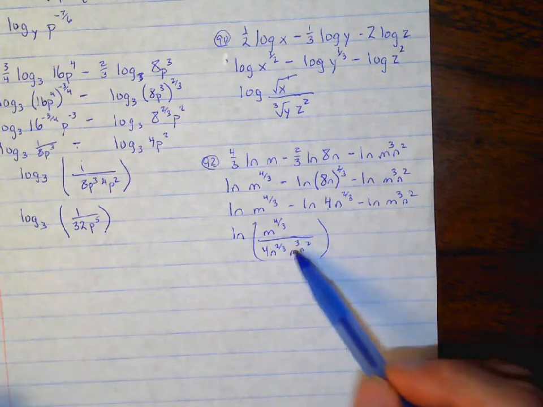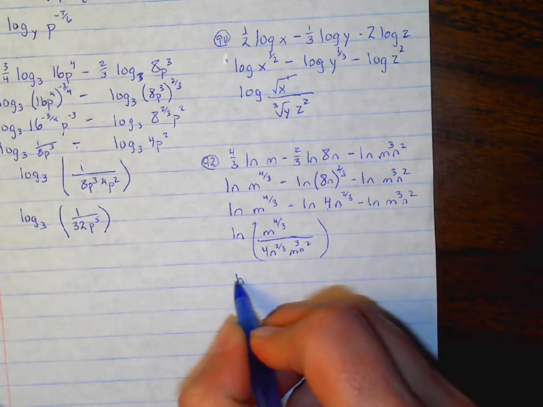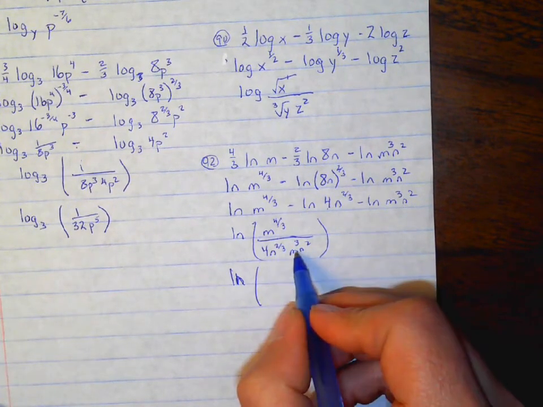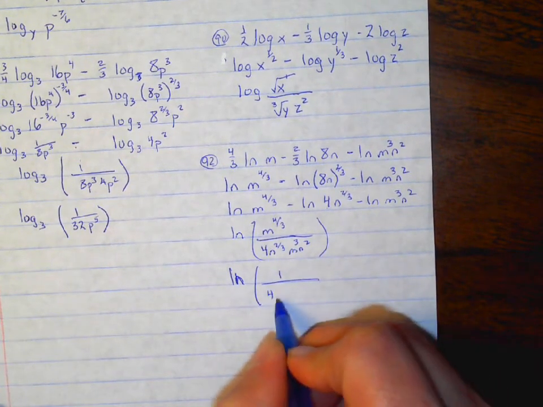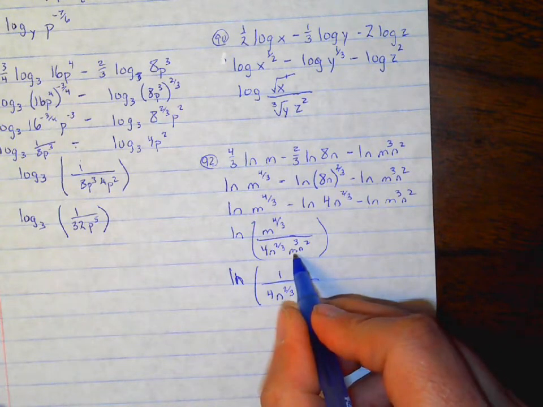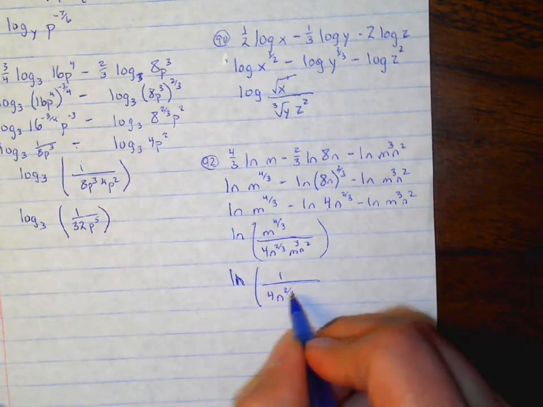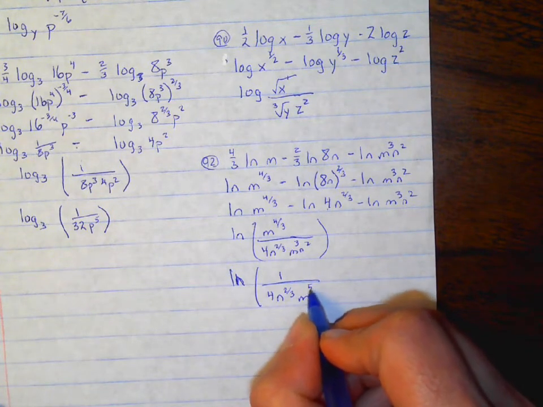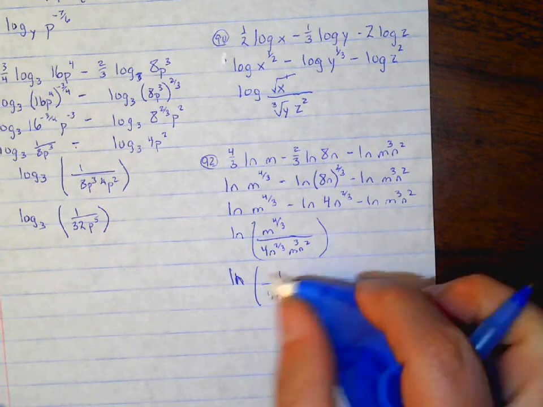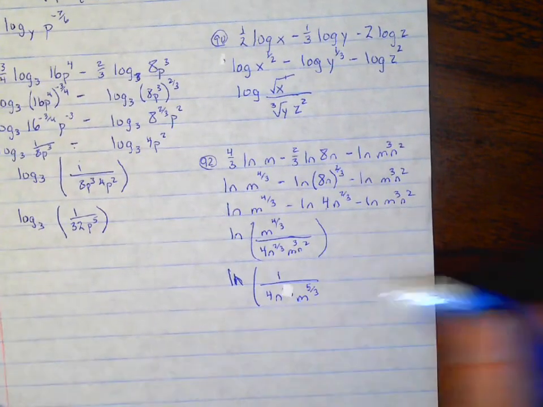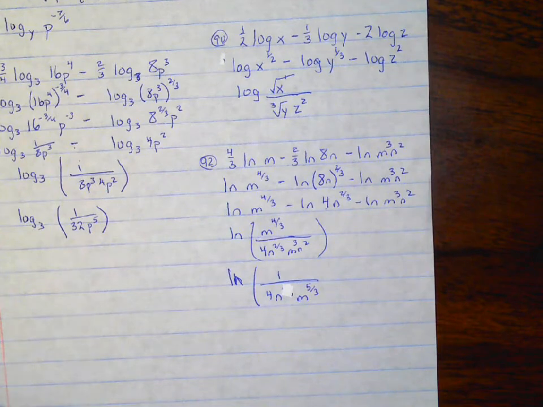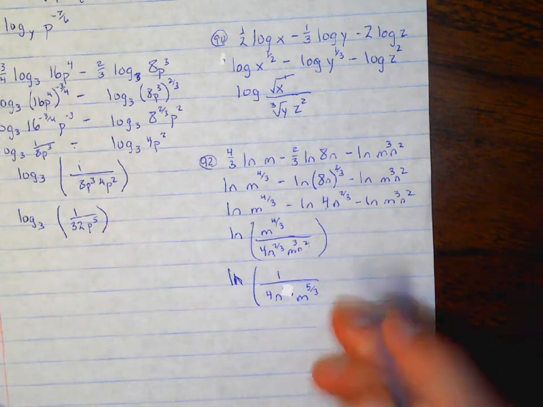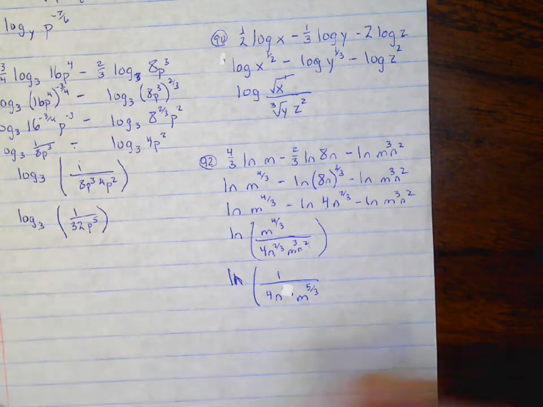If you take care of your exponents here, this would be the natural log of dividing these gives you 4/3 minus this gives you negative 5/3. So if I put 5/3 here, and actually let's combine those n's as well. Okay, so if I have 2/3 and I'm adding that to multiplying this here, so add 2 to it, I get 2 and 2/3, which as a fraction is 8/3.